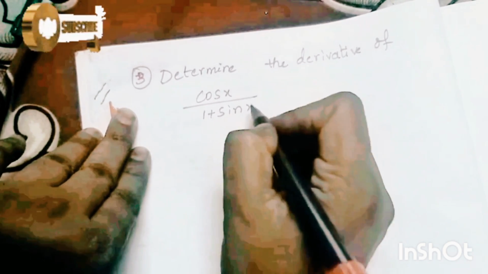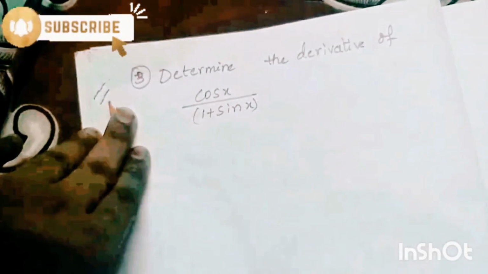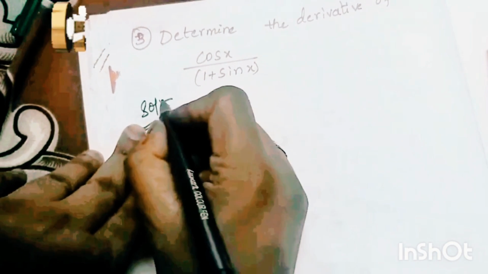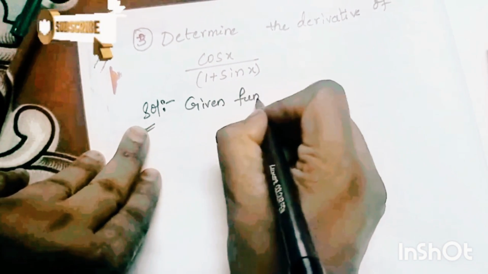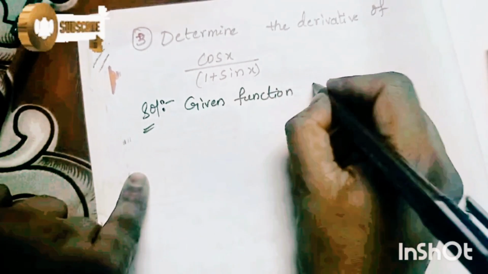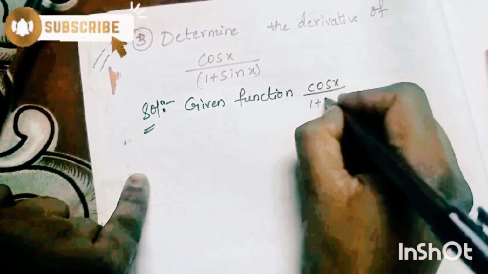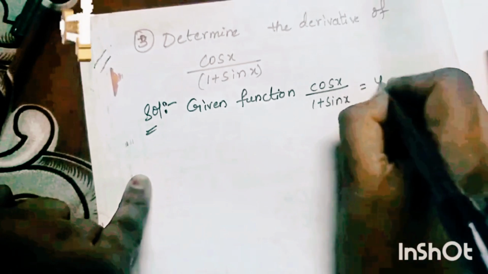This is u by v form, children. How do we do this? In u by v form, we have to use the u by v formula. Derivatives are very easy if you remember the formulas. The given function cos x by 1 plus sin x, we take as y.